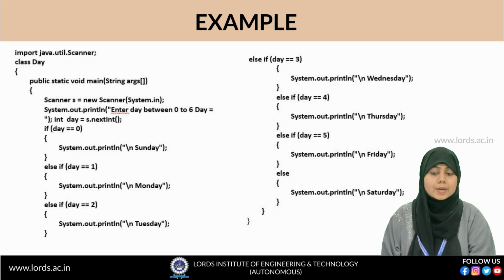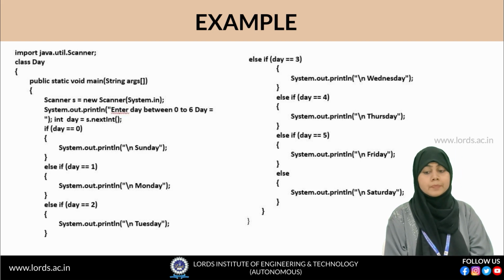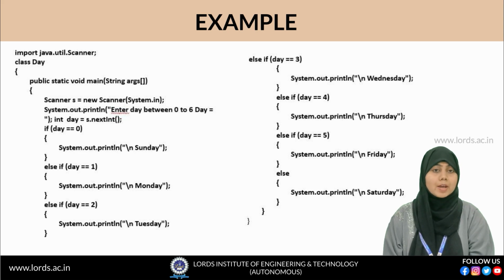I am using the comparison operator double equals, which means I am comparing the value of day with 0. If both values match, and this boolean expression is true, then my statement System.out.println Sunday is going to be executed. What if it is not true? Then if it is false, it will go to the next else if, and it will check day double equals 1. If the user gives us the value 1, then Monday is going to be printed.